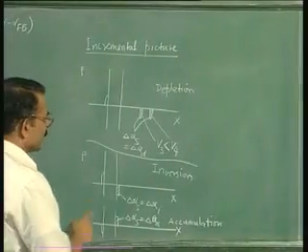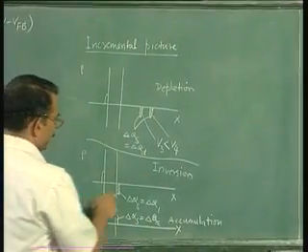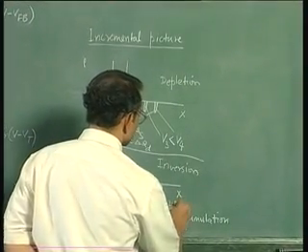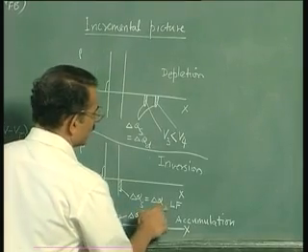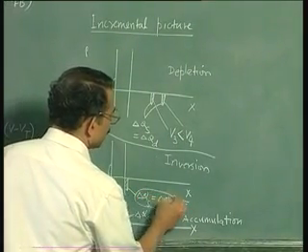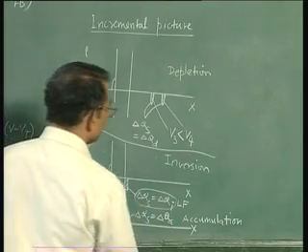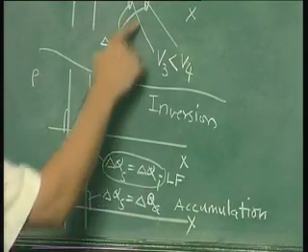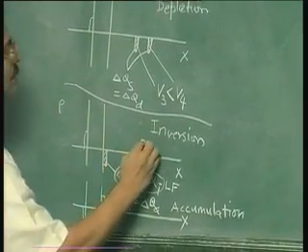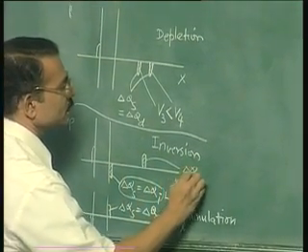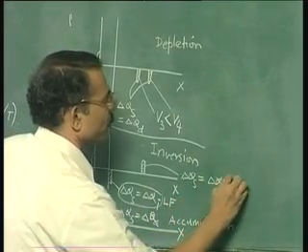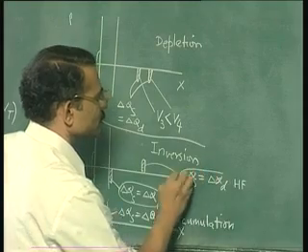This means that in inversion, this is the picture at low frequencies: delta Qs equal to delta Qi. This happens at low frequencies, but at high frequencies it is not this, it is delta Qs equal to delta Qd at high frequencies.